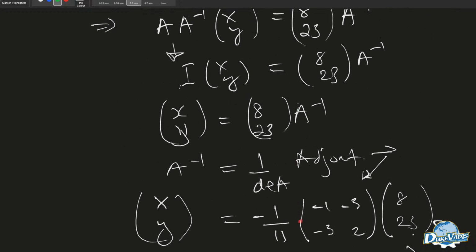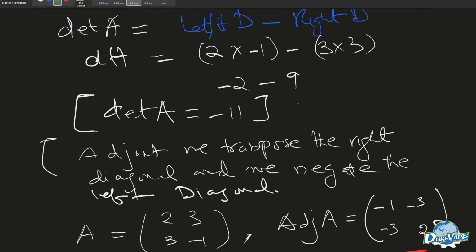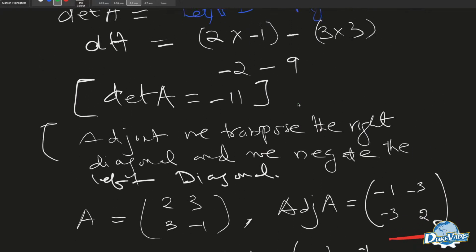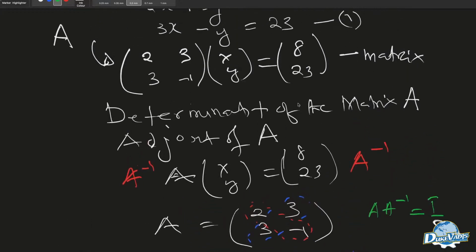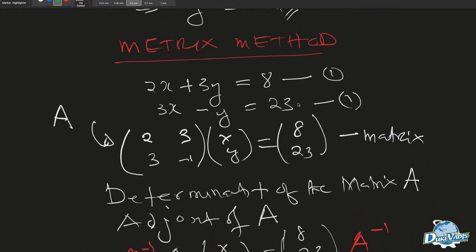So let me go back and recap the matrix method, which some people may think is long, but it's so easy. Here is the same equation. All we did was put this equation in the form of a matrix: 2, 3, 3, negative 1. If we multiply x and y by this, we get back to where we were, and that is equal to 8, 3.